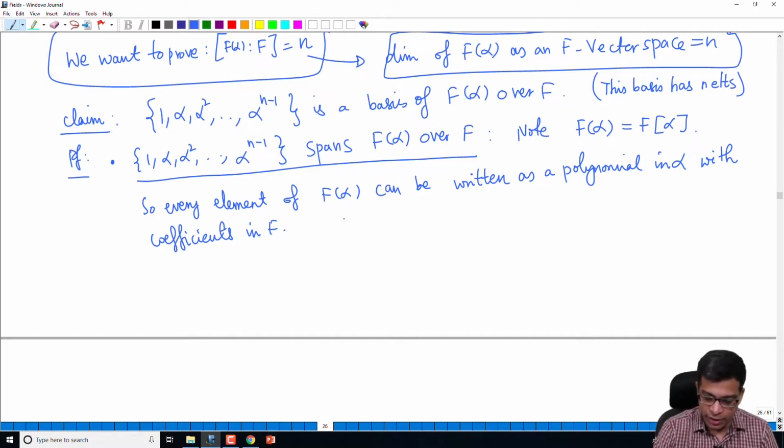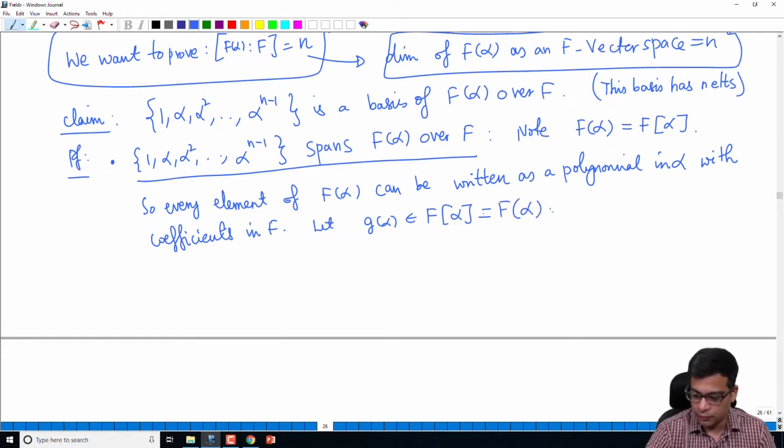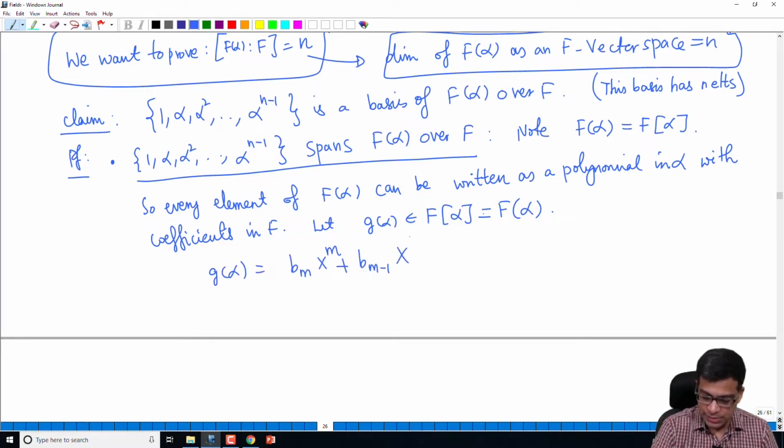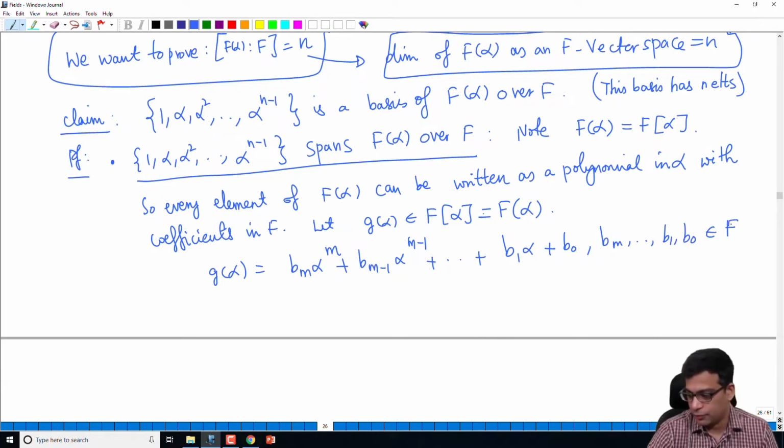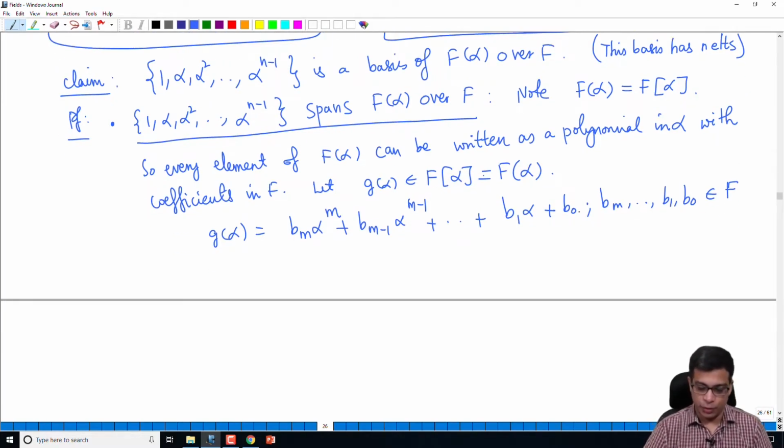Okay. So let us take an arbitrary element of F(alpha). Let's say g(alpha) be an element of F(alpha), which I keep reminding you is the same as F[alpha]. So g(alpha) can be written as b_m alpha^m + b_{m-1} alpha^{m-1} + ... + b_1 alpha + b_0, where b_m, ..., b_1, b_0 are all in F. This is the important point.